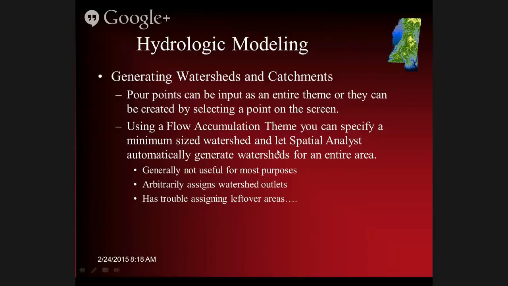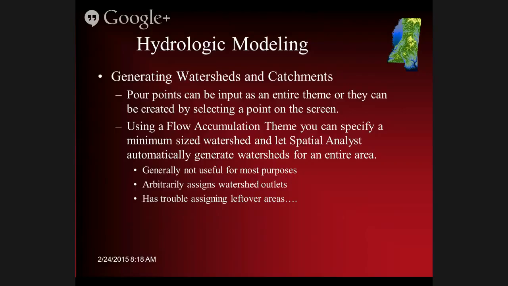As an alternative to selecting a pour point, you can have ArcGIS separate out the area. This is similar to what has been done, we talked about this in the last course, by the USGS, which has a set of hydrologic units, or HUCs.